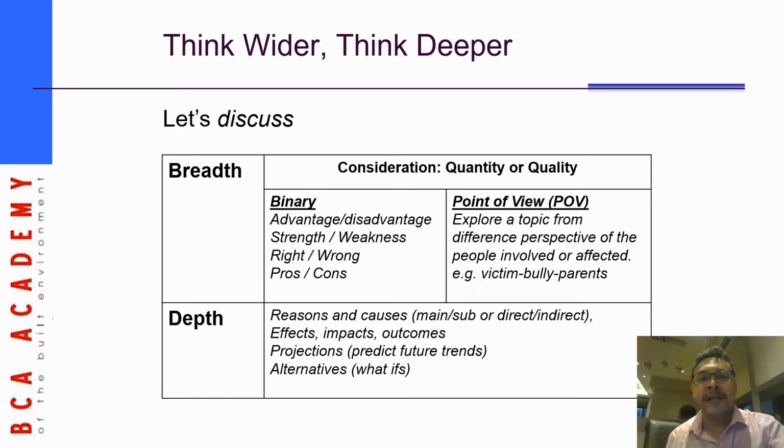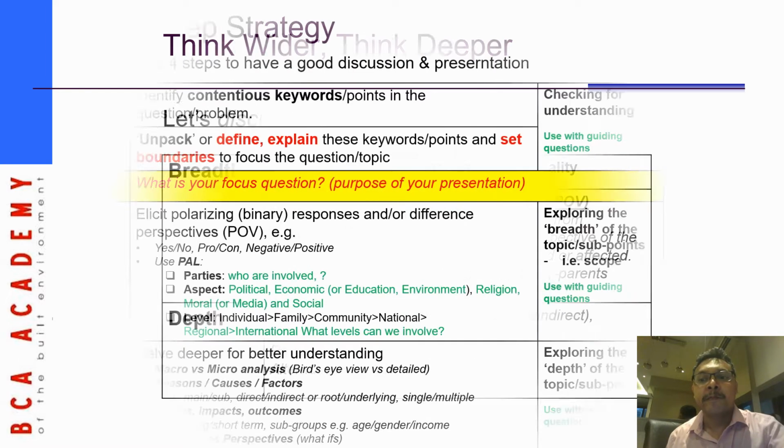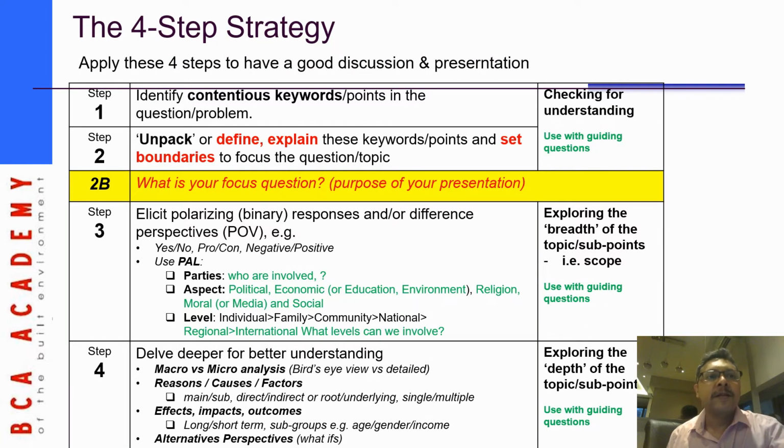So what are these four steps? Step 1. Identify the keywords in the topic. What are some of the more important points that you want to explain? Step 2. Unpack these key points or keywords.